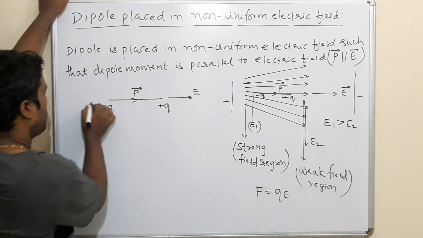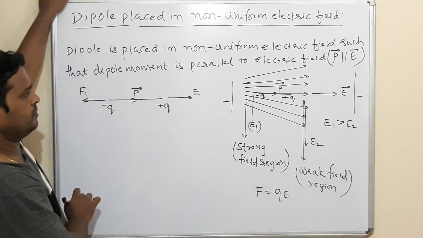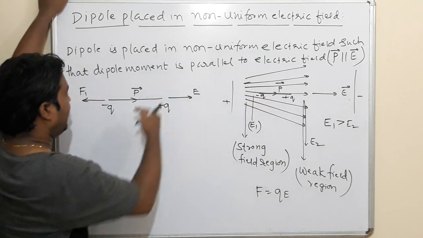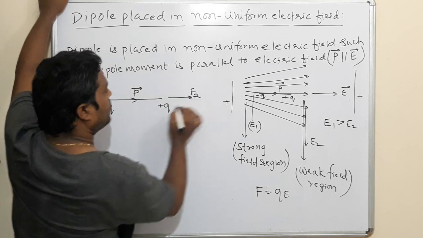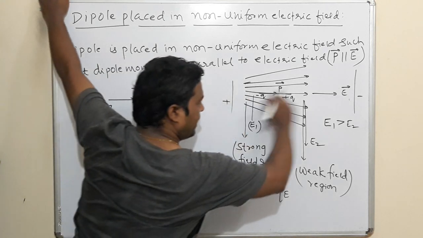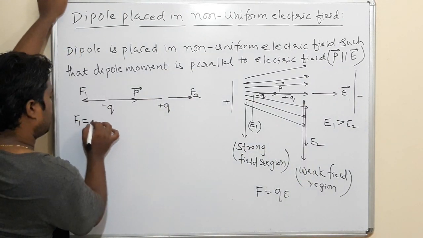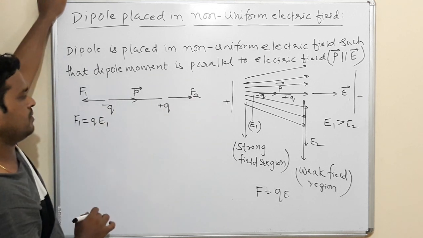So this is F1, force on negative charge in this direction, and this will be F2, force on positive charge in this direction. F1 is equal to minus q into E1.